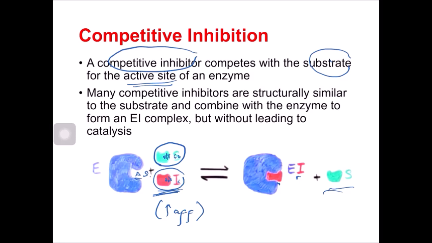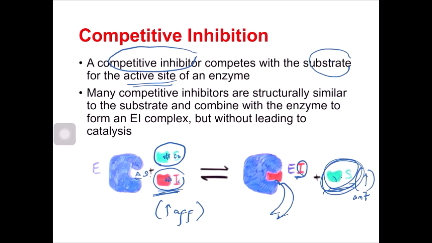So, ano ang dapat gawin para ma-kick off, para maalis ang initially bound inhibitor? The solution is we have to increase the concentration of the substrate over the inhibitor, because the higher the amount, the greater the collision between the substrate and the enzyme, thus displacing or kicking off the inhibitor that is initially bound to the enzyme.